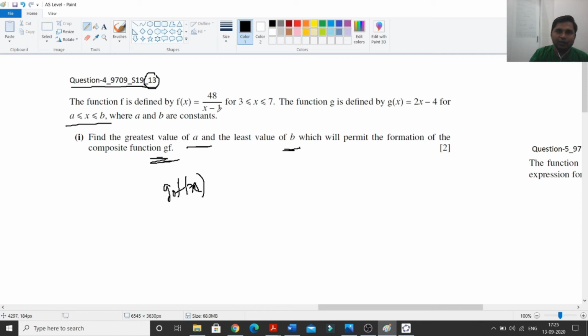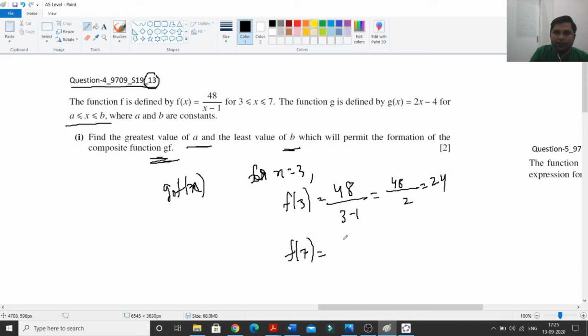So how can we find out the range of f(x)? As x is 3, what will be the value of f(x) when x is 3? So f(3) we will get as 48 divided by 3 minus 1, which is 48 divided by 2, 24, and f(7) we'll get 48 divided by 7 minus 1, which is 48 divided by 6, which is 8.